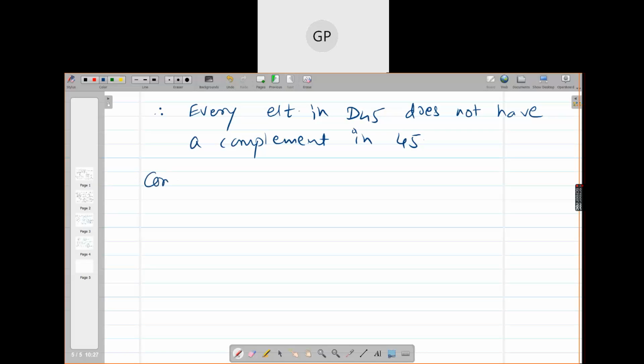So let us define a complemented lattice now. All of you are writing with me. Write the definition.